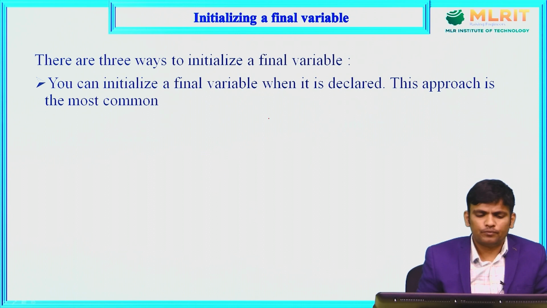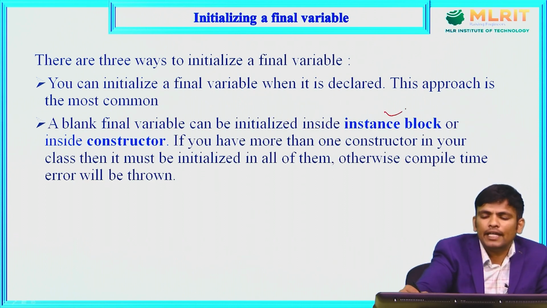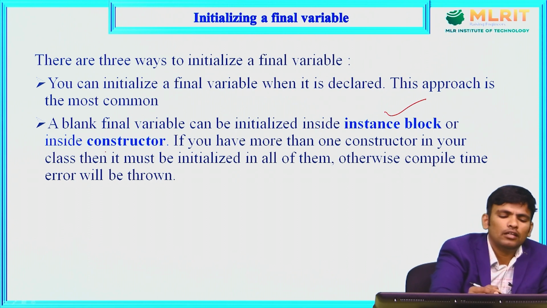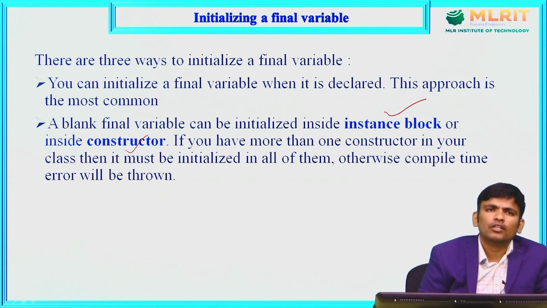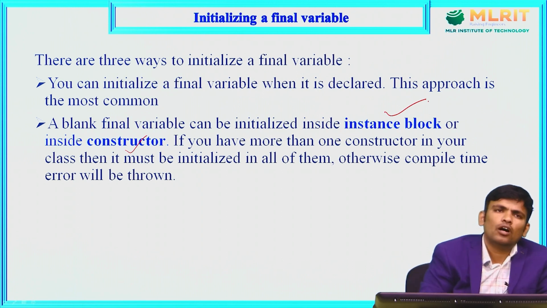And a blank final variable can be initialized within the instance block or within the constructor. So suppose it is an instance variable, that instance variable you can initialize either inside the instance block or inside a constructor.